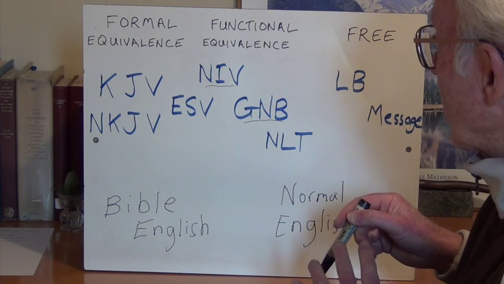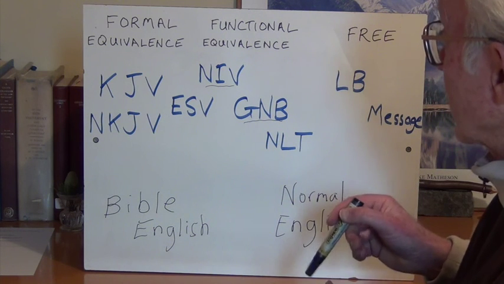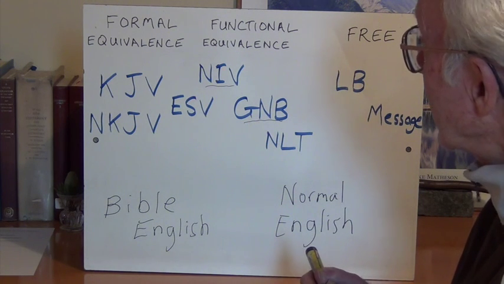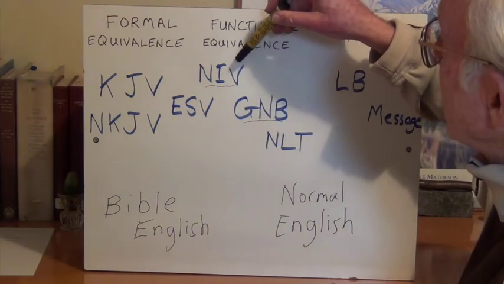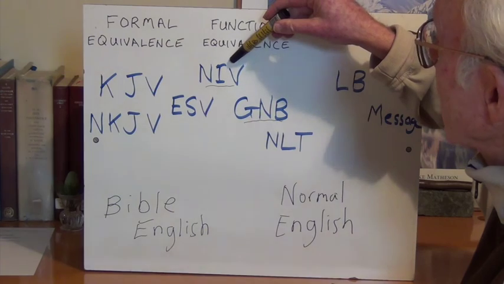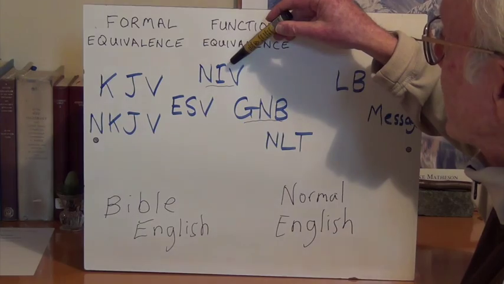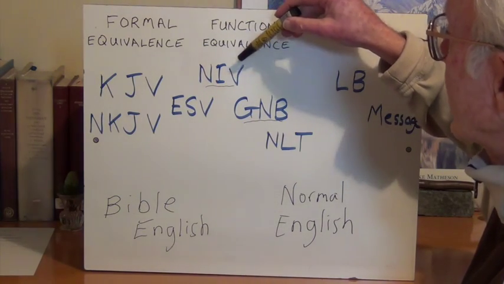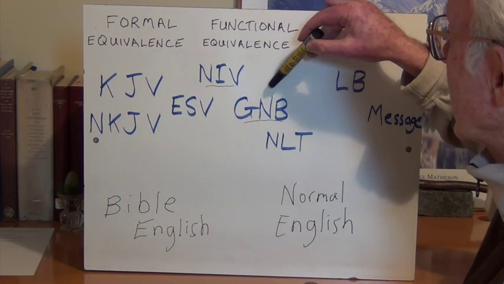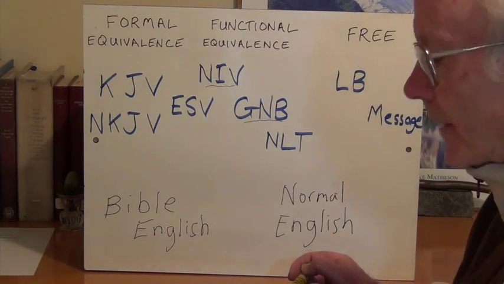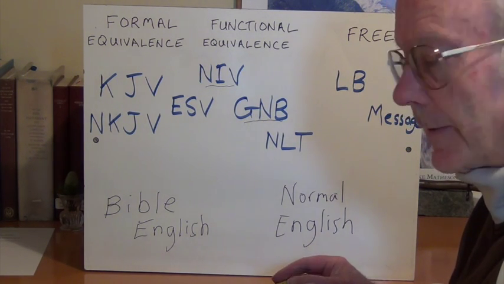But bear in mind that I'm not wanting to raise a criticism of any of these versions or to say that they're bad, but what I'm pointing out is that the NIV is translated into a slightly different form of English. NIV Bible English is very close to normal English, but it's not quite the same. And Good News Bible English is very close to normal English, and so it's quite valuable to look at these two versions and compare how they've dealt with different examples.